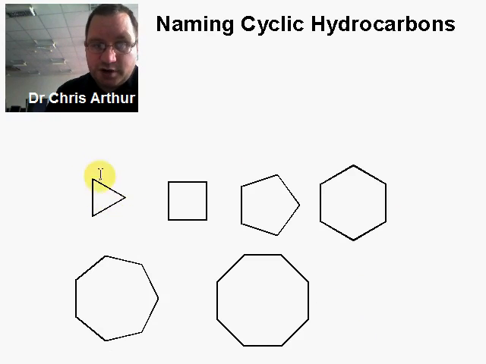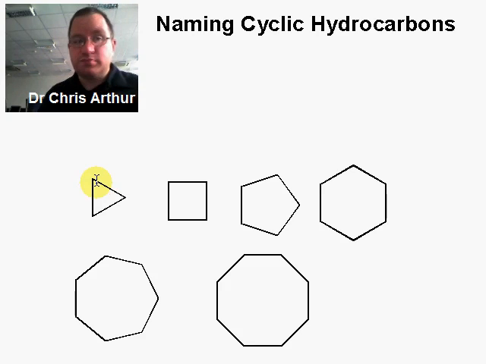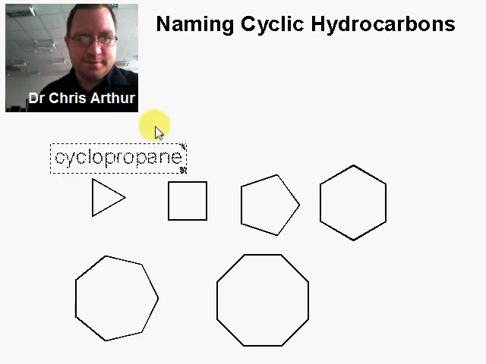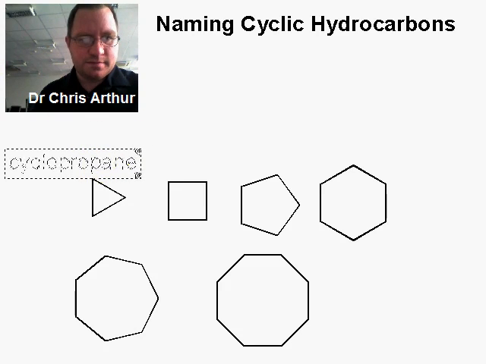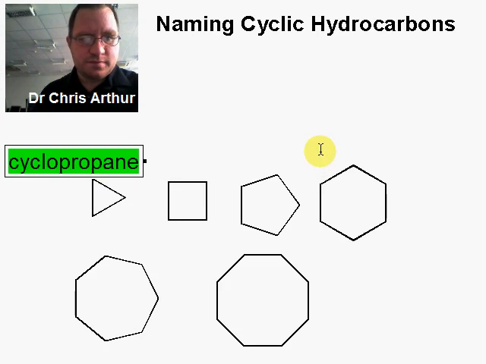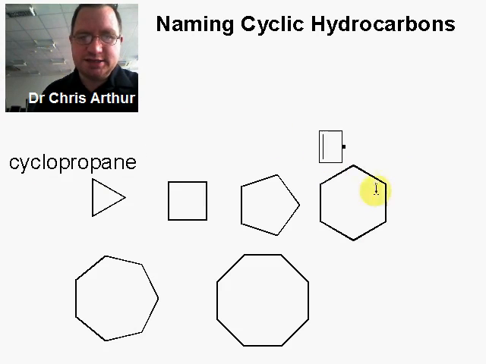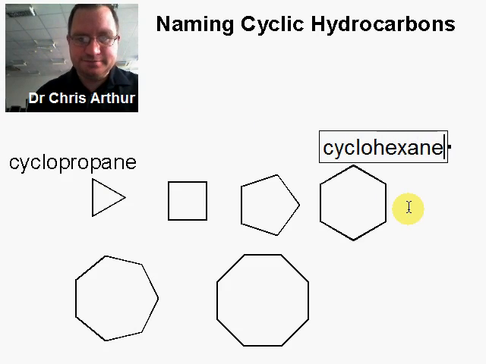So this one here has 3 carbons in it. You'll remember that we called, for instance, an alkane with 3 carbons in it propane. Well, this is cyclopropane. Okay. This one here on the end has 6 carbons in it, and this is now cyclohexane.